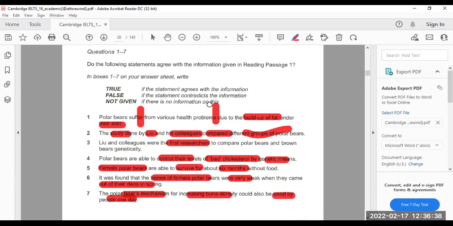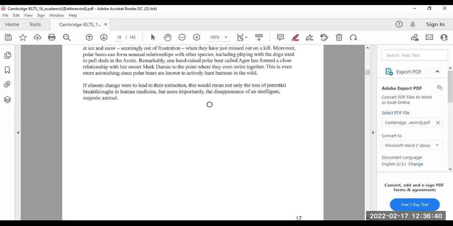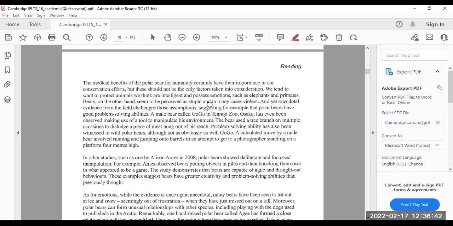So when I go and search this in the passage, so see here, we tend to want to protect animals we think intelligent and possess emotions such as elephants and primates.